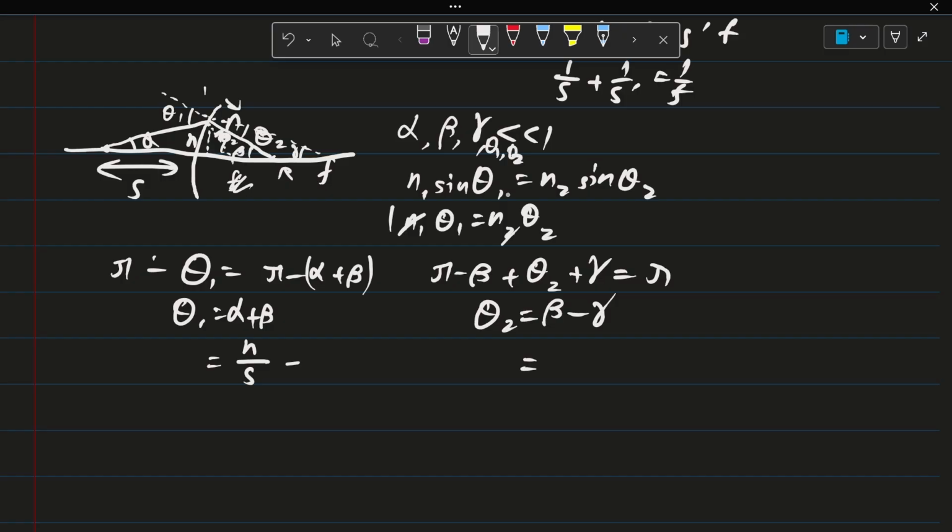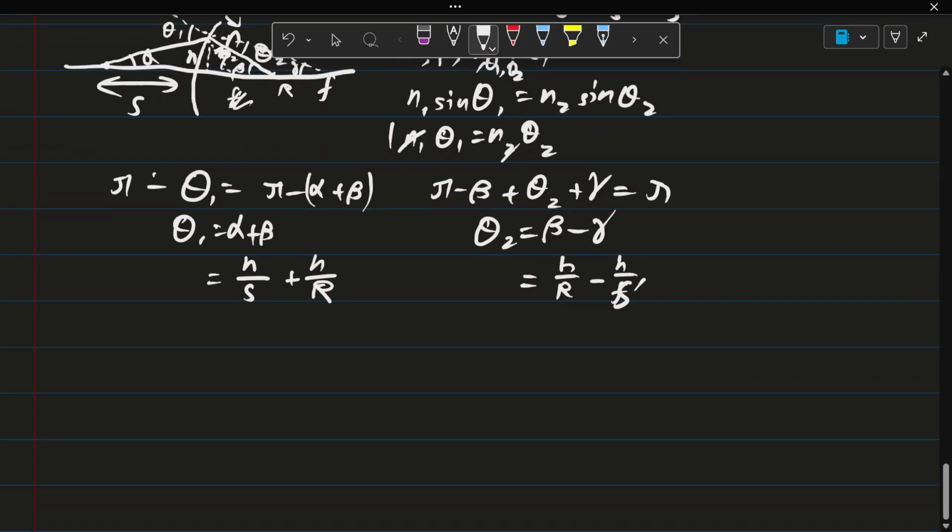The beta is h over r, or the radius of curvature, and gamma is h over f, or the s prime technically in here. So combining them all together, you would have h over s plus h over r equals to n times h over r minus h over s prime.